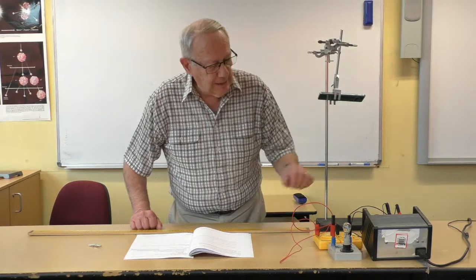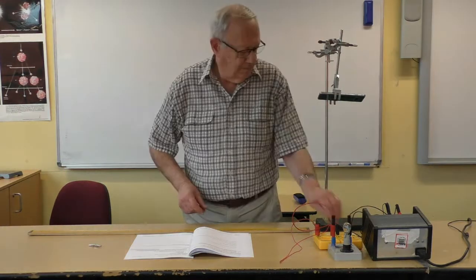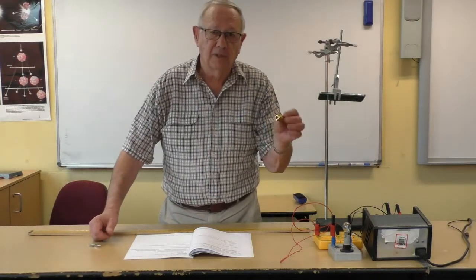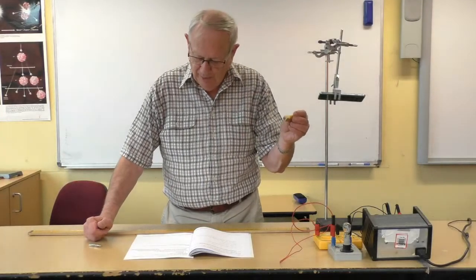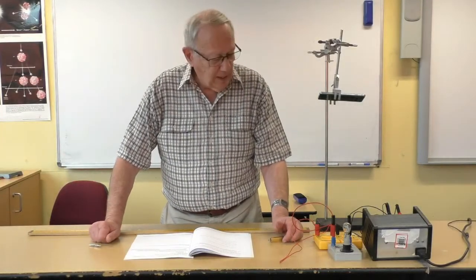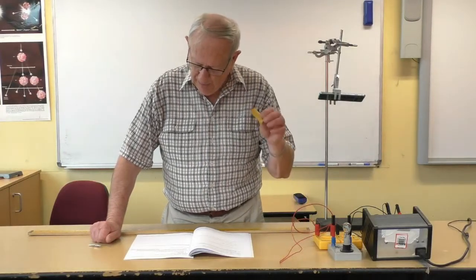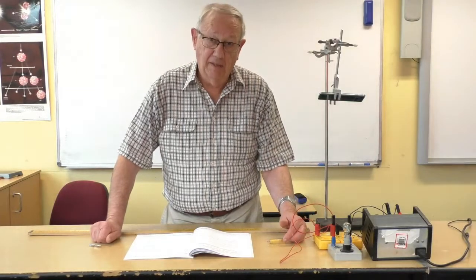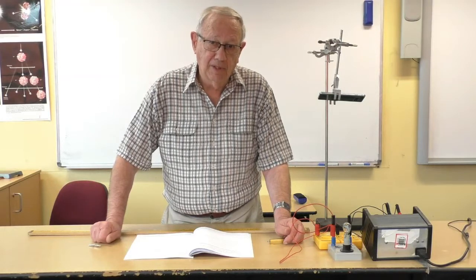The first is this globe here, and the second is this resistor here, which you'll see in close-up in a little while. So we've got the incandescent globe and we've got the gold resistor. And what we're going to do is compare the resistance of both of these resistors.